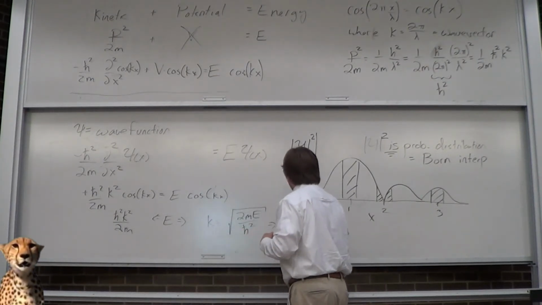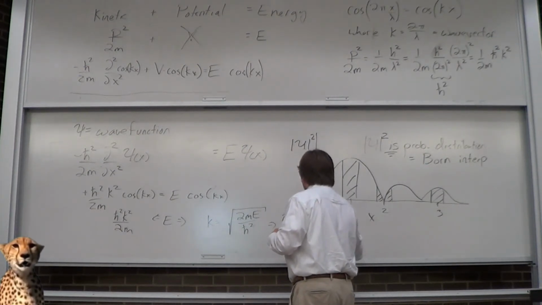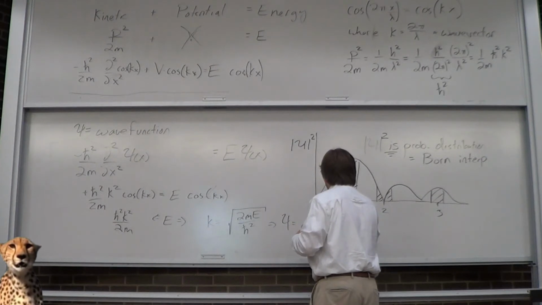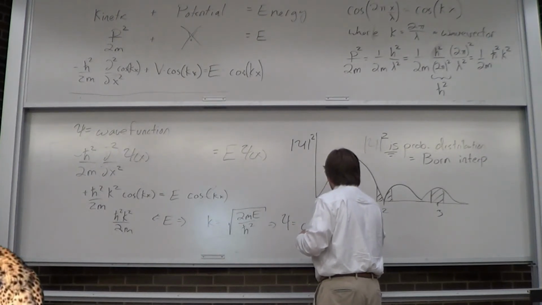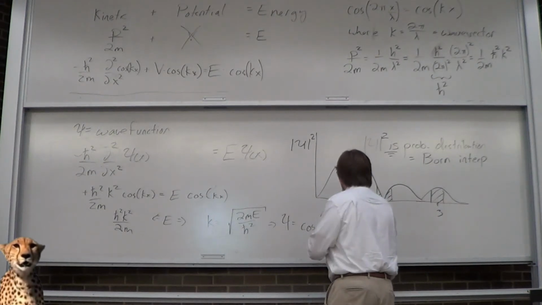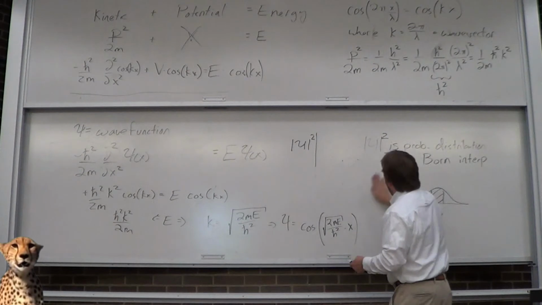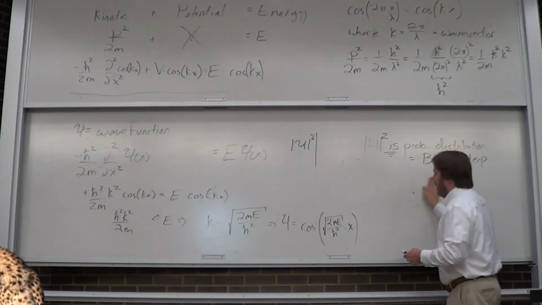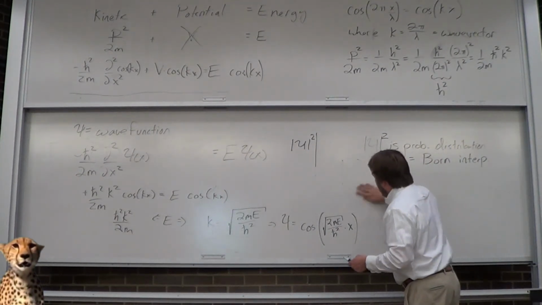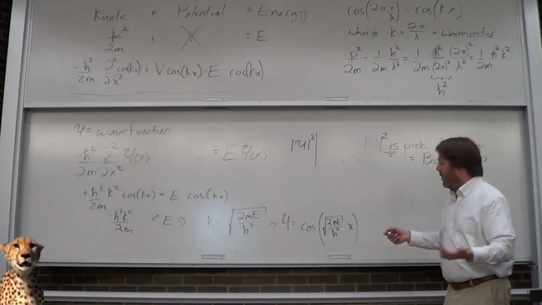Therefore, the wave function is actually cosine of the square root of 2mE over h bar squared times x. So this is the kind of thing that you can figure out with quantum mechanics. It's actually kind of similar to what we were doing with Planck, right?